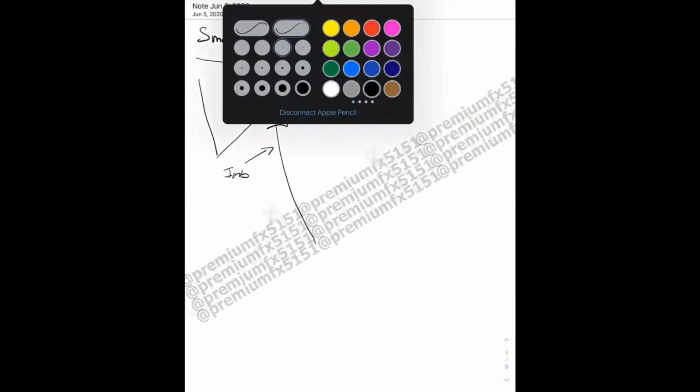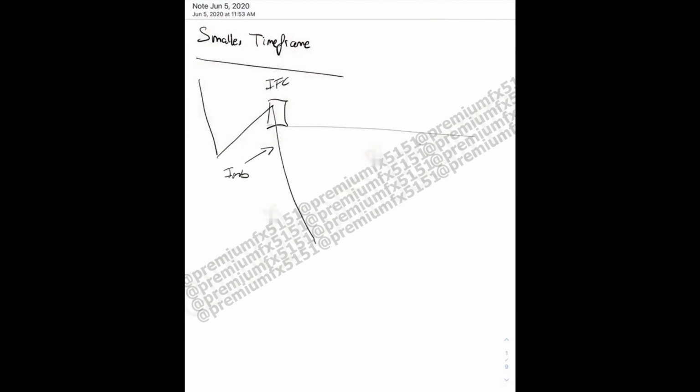Now we know all this section right here, if we are in a downtrend, is going to become our point of interest, our supply zone, and our IFC candle to play off.